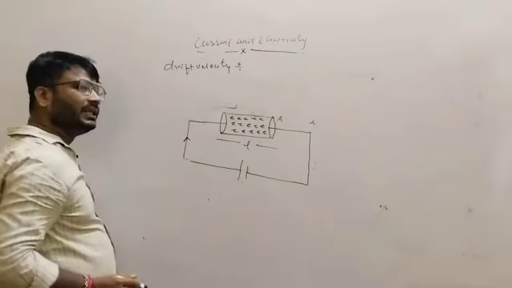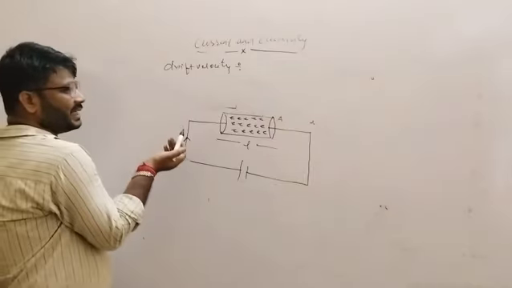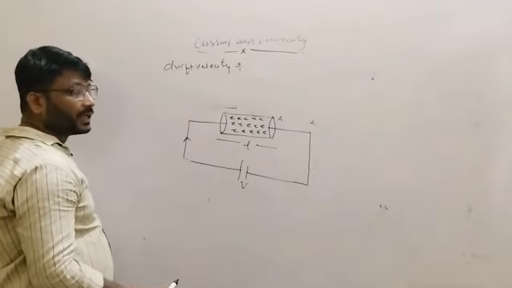Drift velocity is defined as the average velocity of electrons inside the conductor when it is connected to an external source of field or energy.